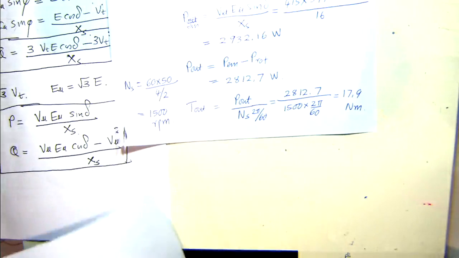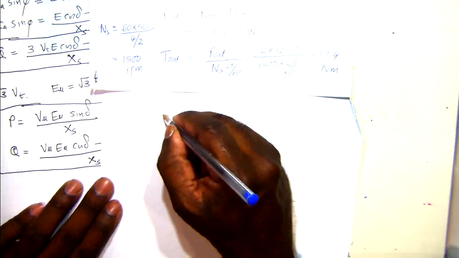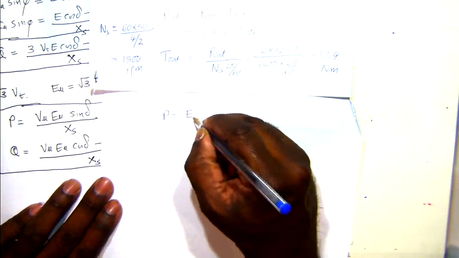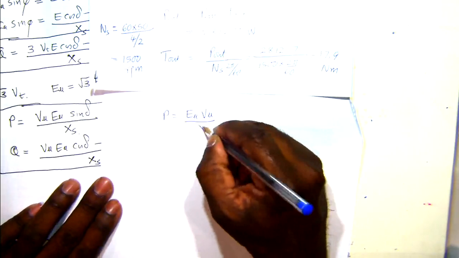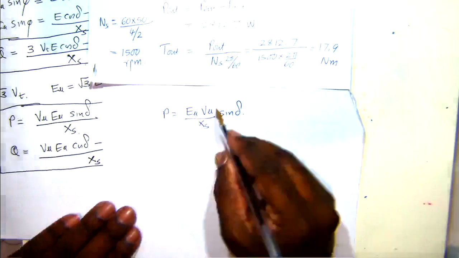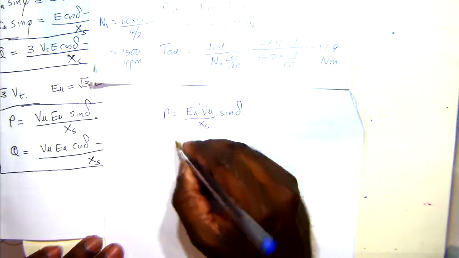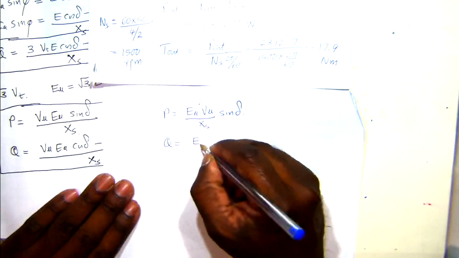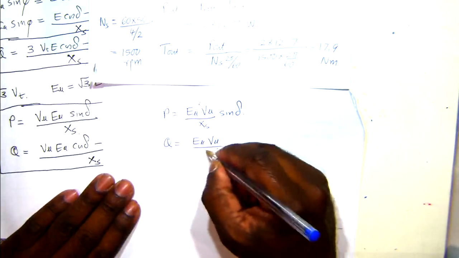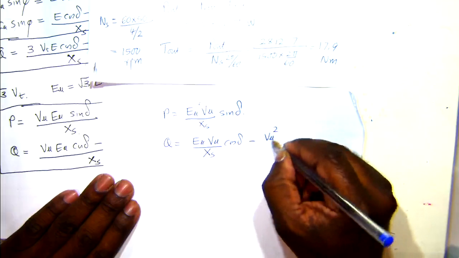So let's say P equals E line to line, V line to line over XS and sine delta. So let's say under this condition you change this, and Q is given by E line to line, V line to line, over XS, cos delta minus V line to line squared over XS.